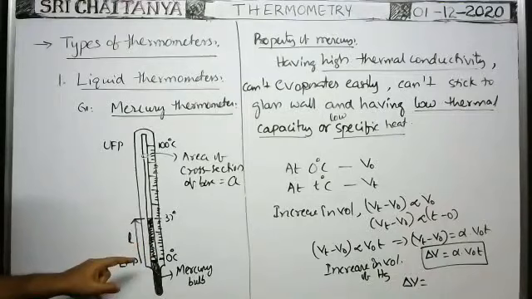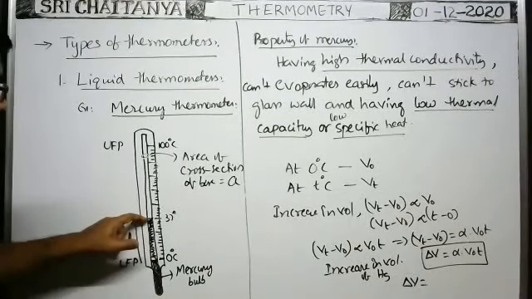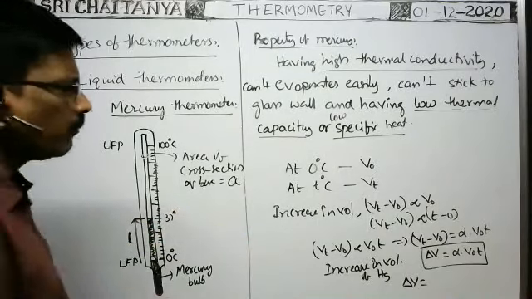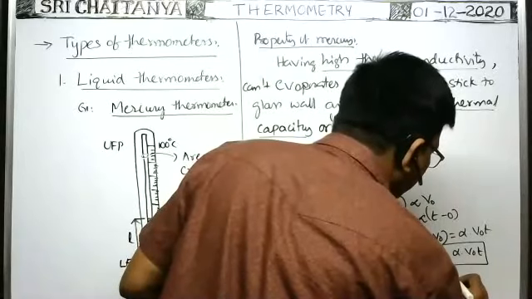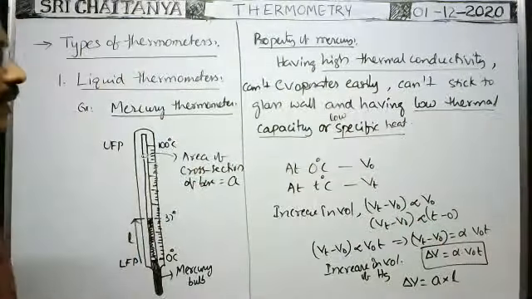That's why area of cross section is constant. Area of cross section times the length of the mercury column that rises is equal to the volume of this mercury column. That volume is equal to the increase in volume of the mercury. That's why area of cross section A into rise L gives the increase in volume of the mercury column.